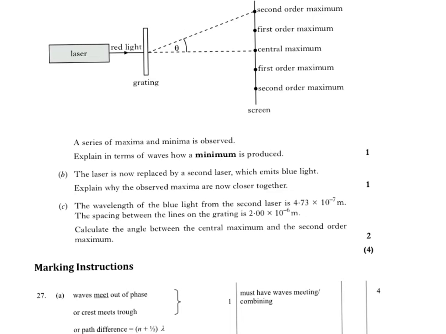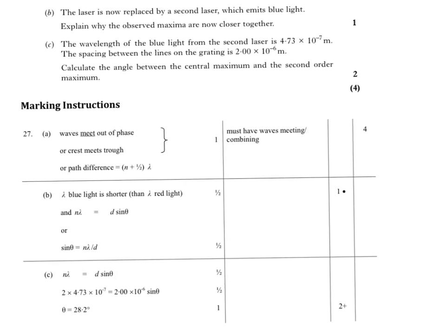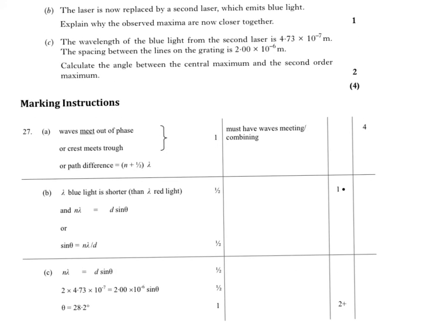So what that shows you is that the sine of this angle theta is proportional to the wavelength of the light that's coming through. So the wavelength of blue light is shorter than the wavelength of red light. And just to say that and to show this equation is enough to give you the mark.